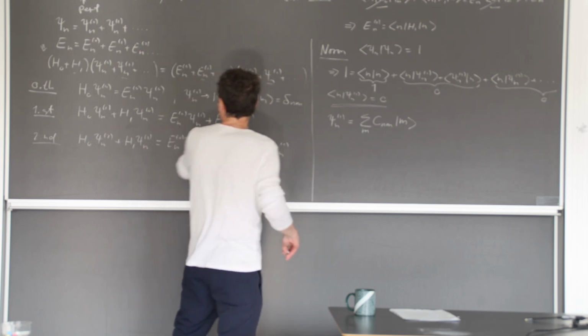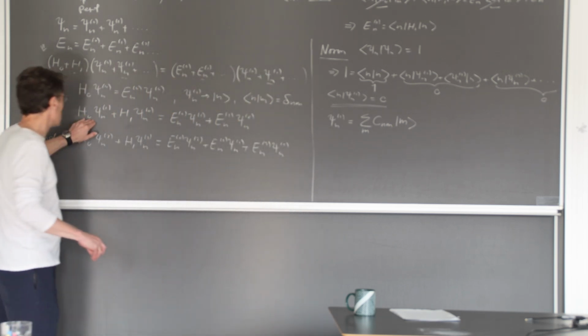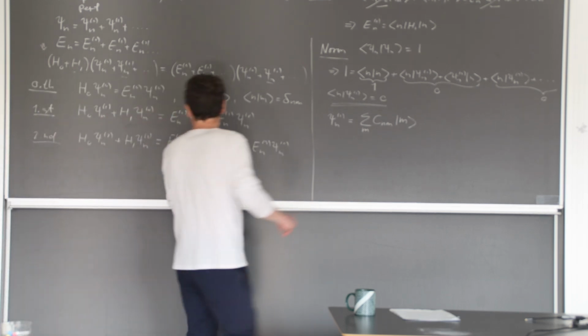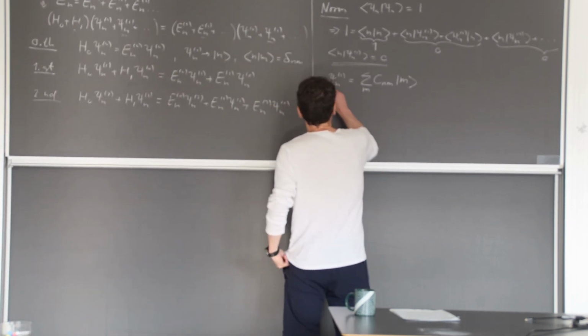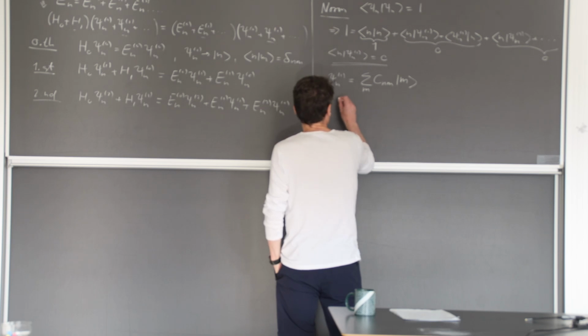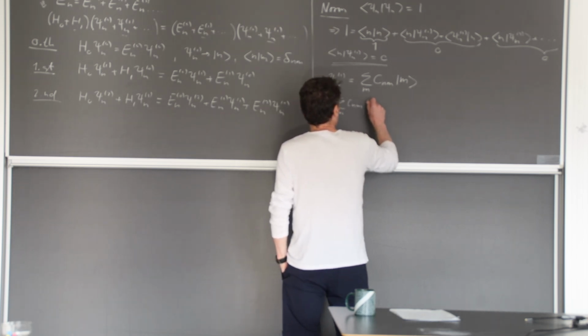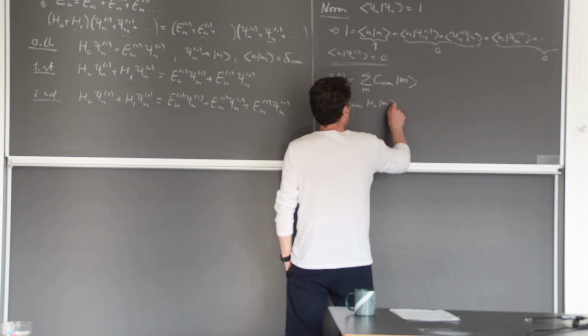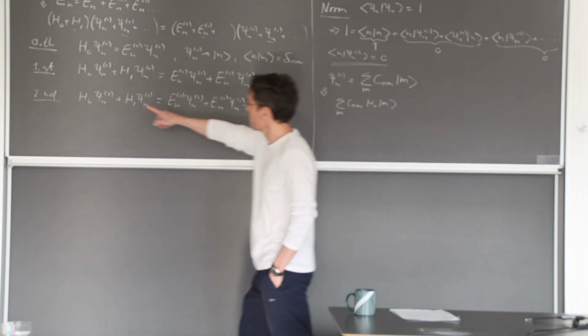So that is what I'm going to do. I'm going to plug that into this first order equation. So I get, let's see here, sum over m, c_n^m, and then H0 on m. That's the first term.